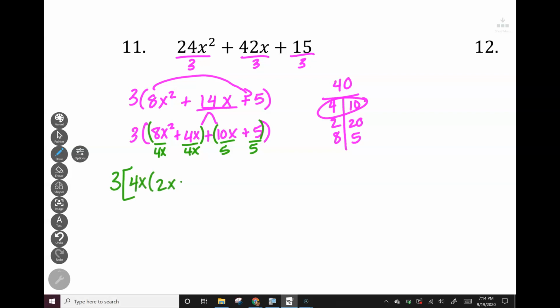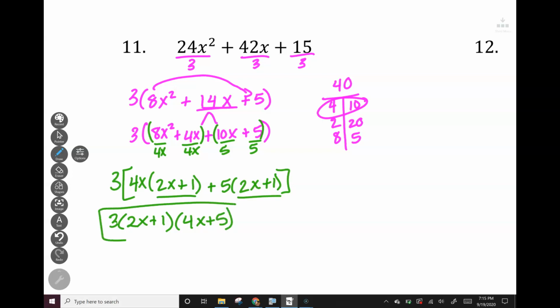I've got 2x plus 1 plus 5 times 2x plus 1. Perfect. Factoring out, I actually won't need this bracket anymore. Factoring out my 2x plus 1 since they match. And my leftover is 4x plus 5. Great.